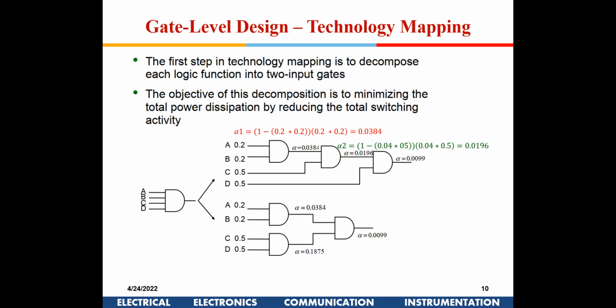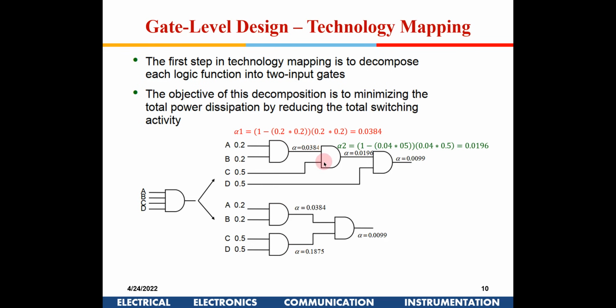Otherwise also, if you apply a little bit of common knowledge, we will be able to see that. Here, C going high, the probability is 0.5. Here also D going high, the probability is 0.5, right? So you have a higher probability of this going from 0 to 1 here.